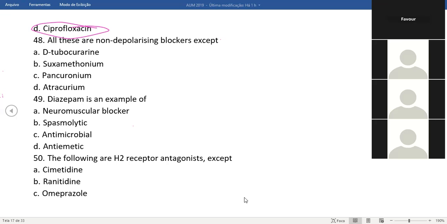Question 48. What's the answer? A. Our answer is suxamethonium.